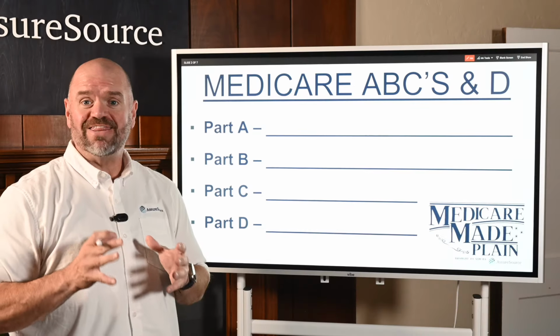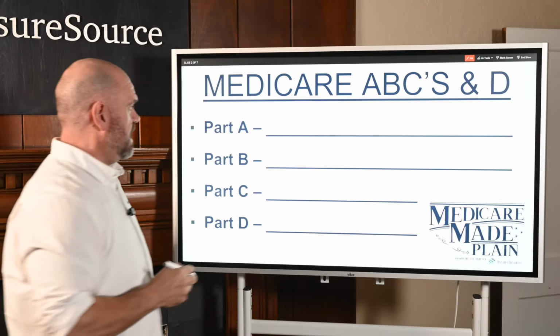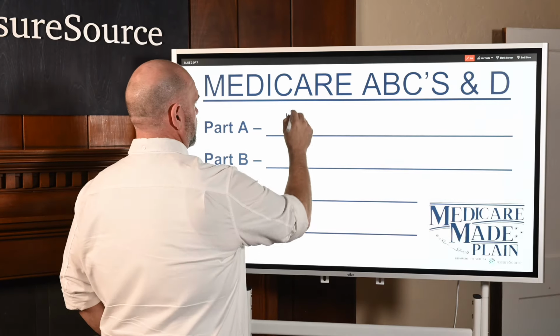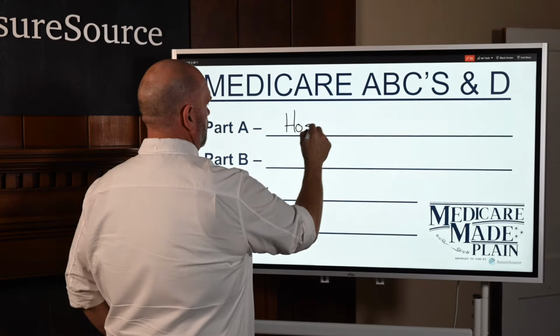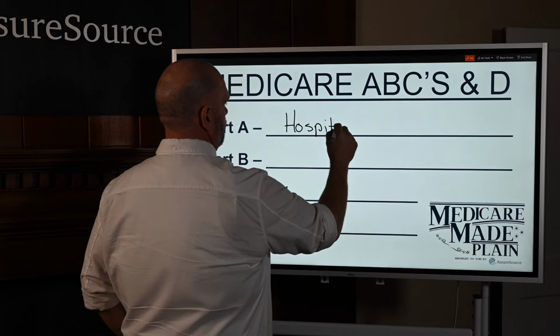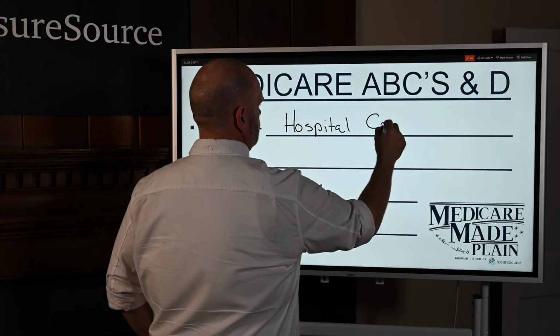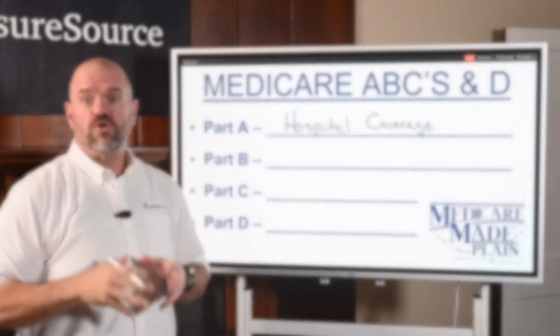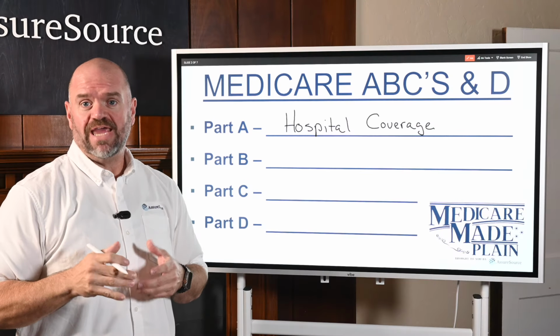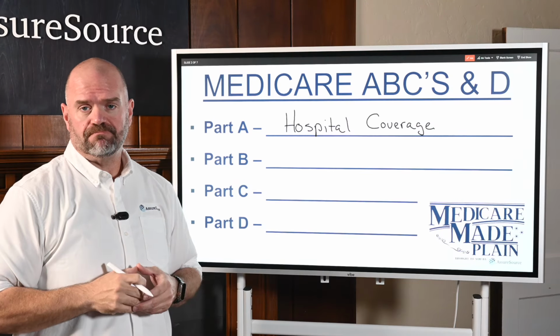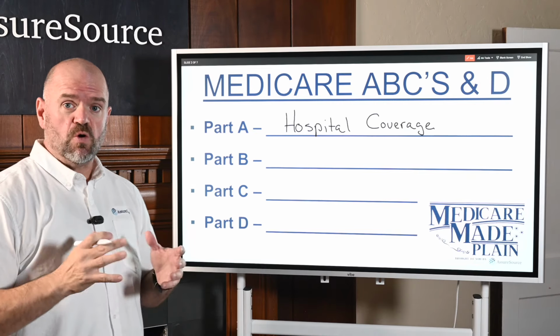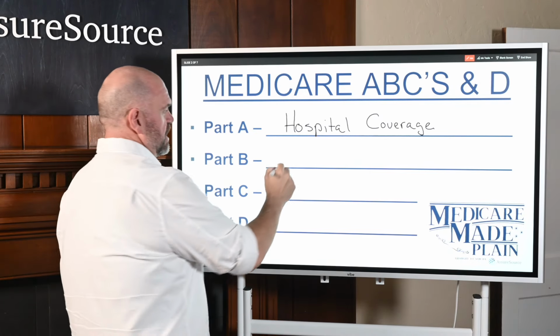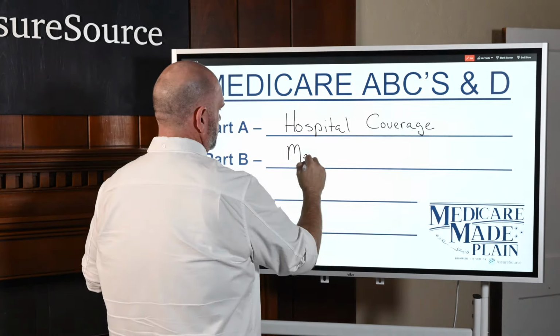Like we talked about in the other video, Medicare Part A stands for your hospital coverage. So if you're admitted into the hospital, it is covered under Part A. Part B then, which is what we'll talk about mostly today, is your medical coverage.